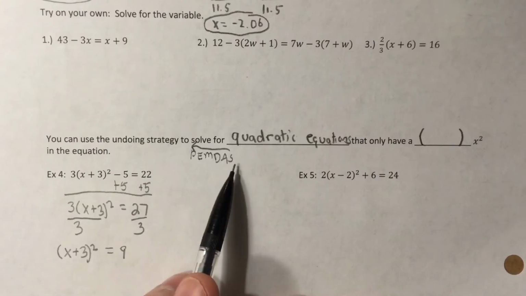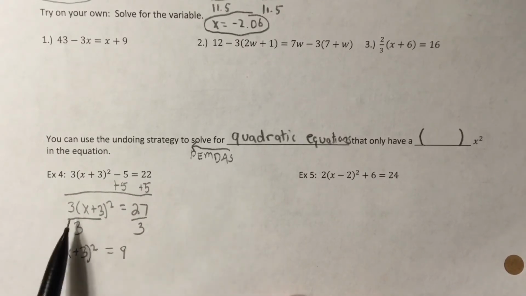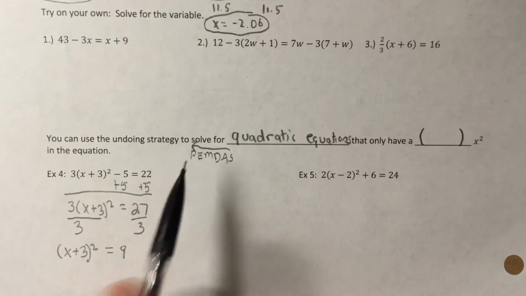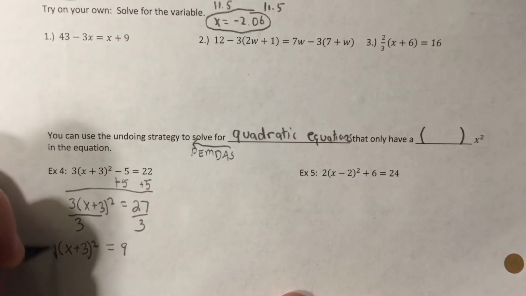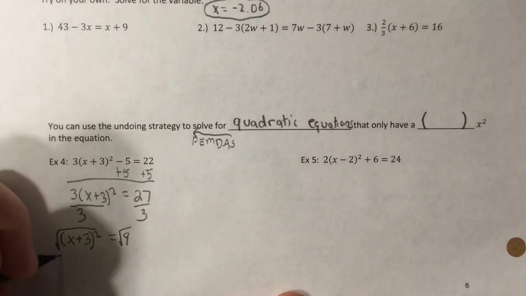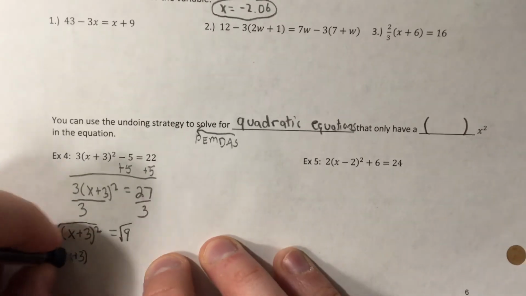I already undid addition and subtraction, then I undid multiplication by dividing by 3. So I'm working my way back through PEMDAS. Now I'm going to undo exponents. To undo a square, remember you're going to take the square root. And so I get x plus 3, and I don't need the parentheses anymore.